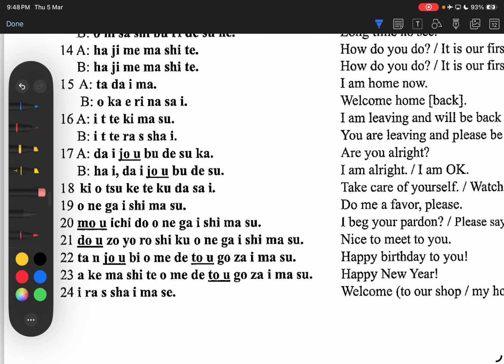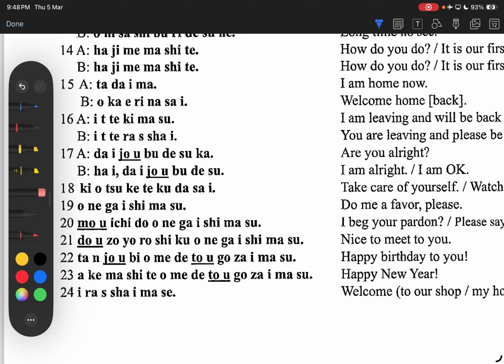For now, just understand, mo ichido is together. Mata aimasho is together. Right? We cannot mix the mata and mo anyhow. Okay? So, mo ichido onegai shimasu. Right? So one more time, please. Again, please, right?